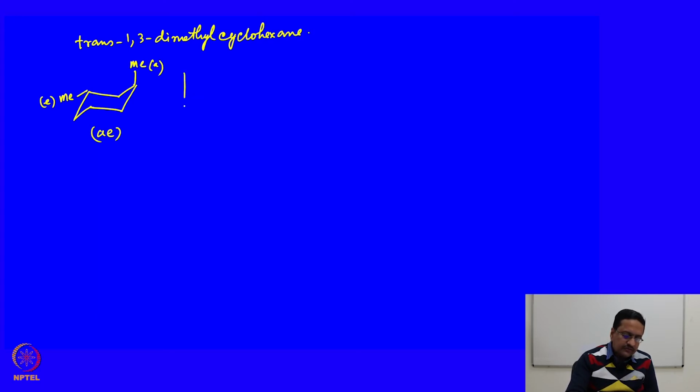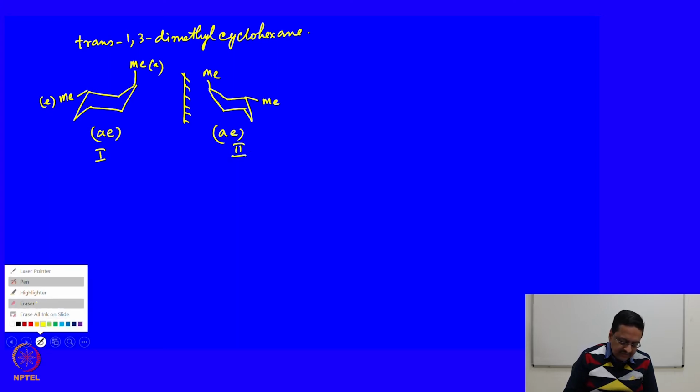If we draw the corresponding mirror image of this, we should get another AE isomer, or rather, we should name it as EA.